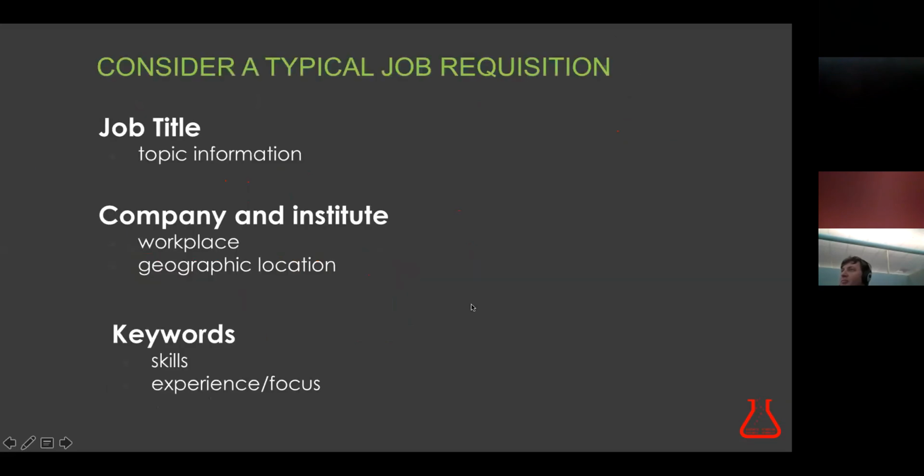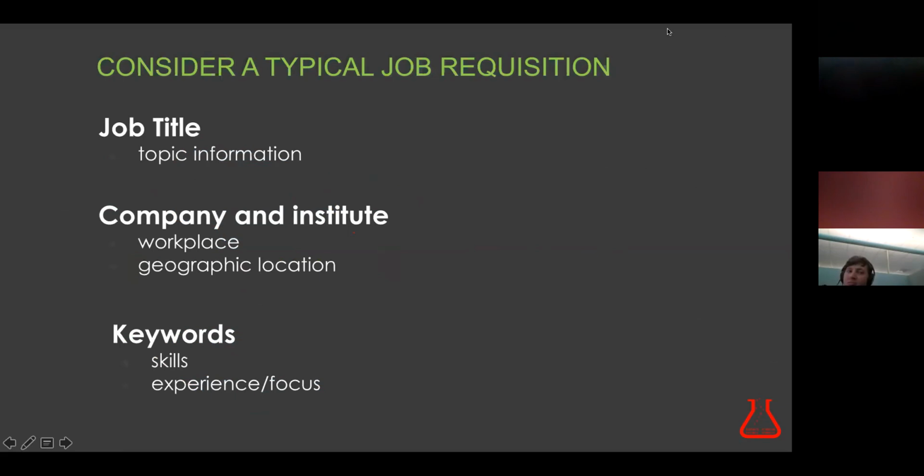Next slide. So in the typical job requisition, you have the title, the company information, the geography, basically the metadata. That metadata you can use to subset the graph, and the knowledge that we really need for the recommender system is in the relationships between the skills.